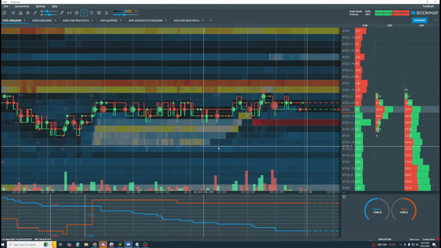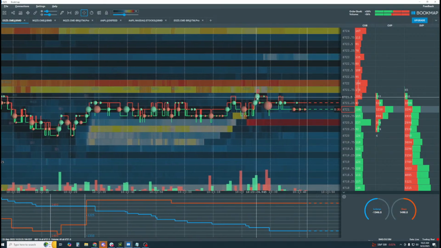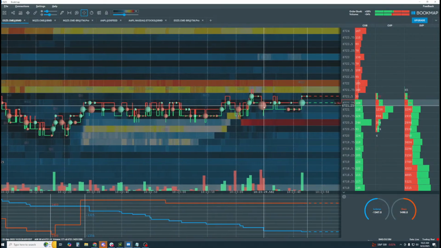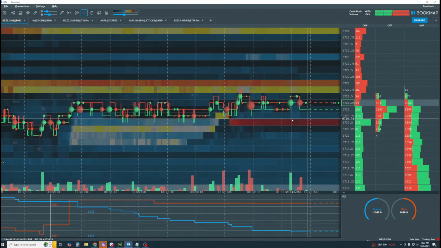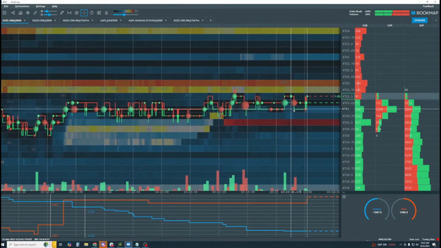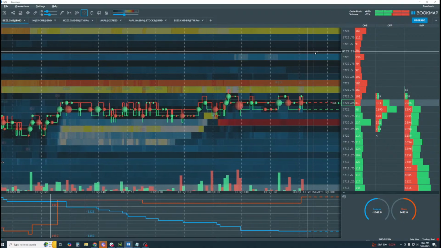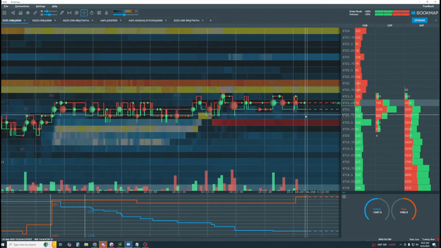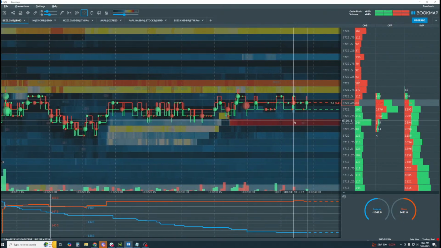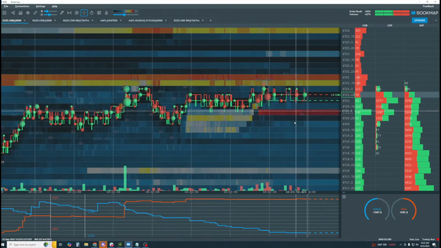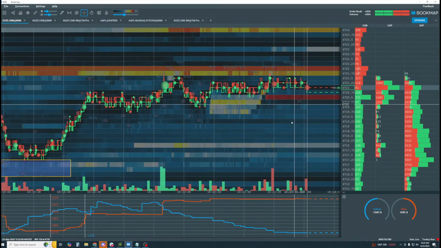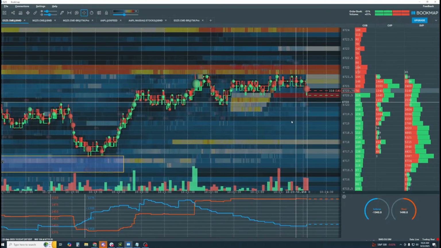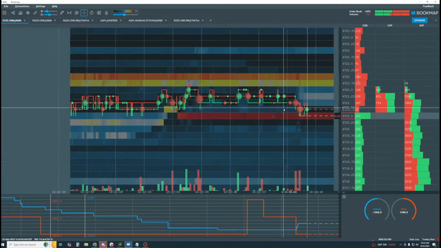Interesting dynamic again. Yeah, we got a little bit of pop, but there still seems to be some selling in here, a little bit of interest on that sell side. All right, we do find some sellers.